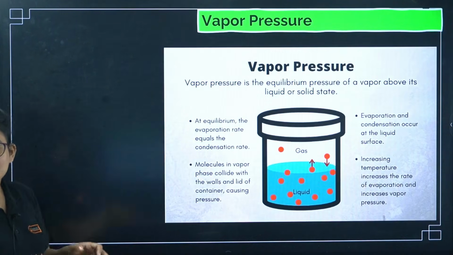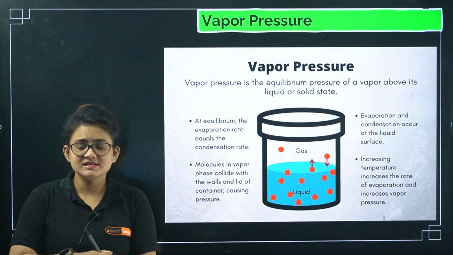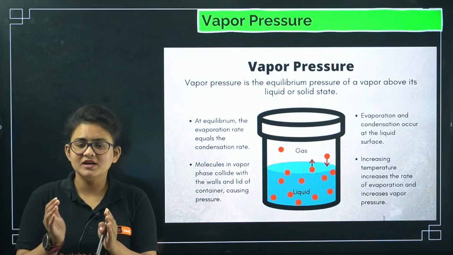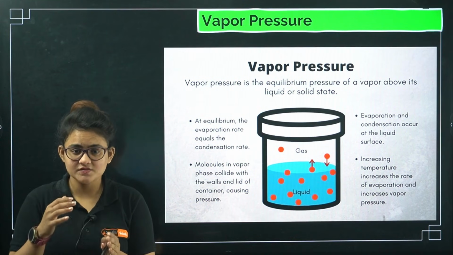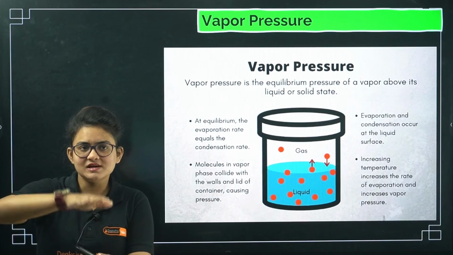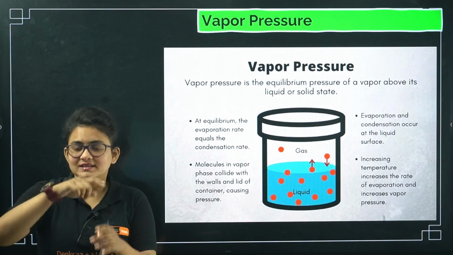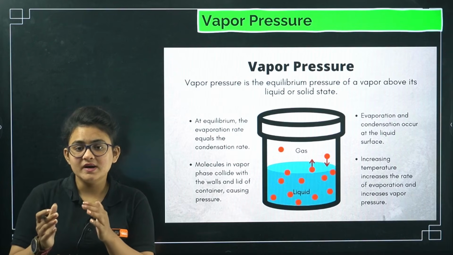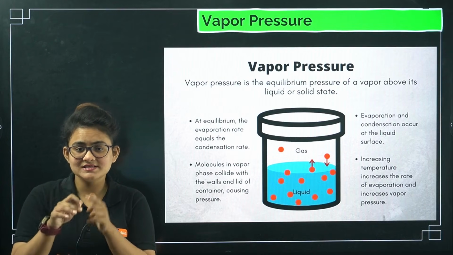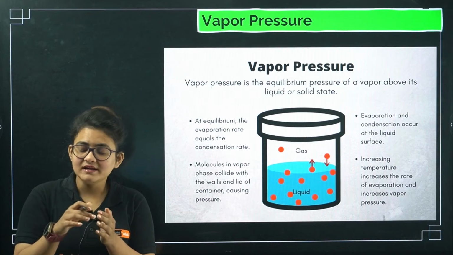Okay. So whenever vapor pressure means what? Vapor pressure means, whenever you discuss a liquid, if it is volatile and the container is closed, then from the surface of the liquid to the wall of the container there exists the vapor of that particular liquid, and there exists an equilibrium between the liquid surface and the vapor.